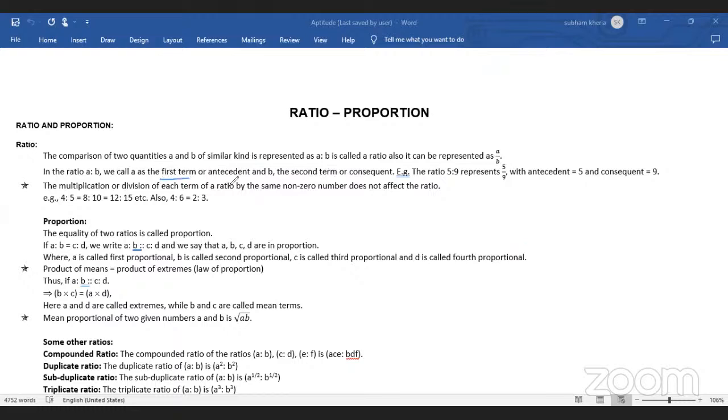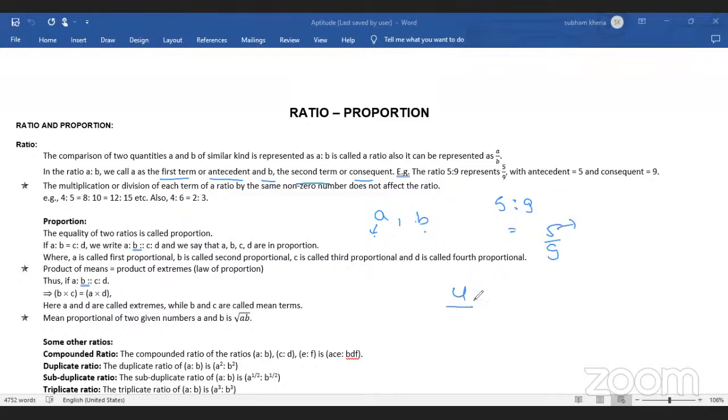Now, the first term, that is A, is called the antecedent. This is the terminology used. And B, the second term, is called the consequent. As we have seen, 5 is to 9 can be written as 5 by 9, where 5 is the antecedent and 9 is the consequent.